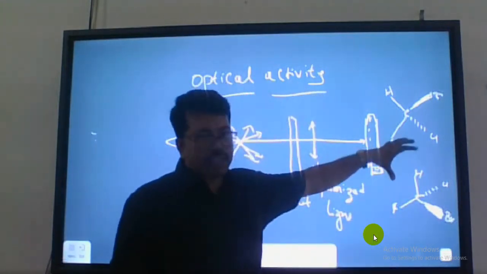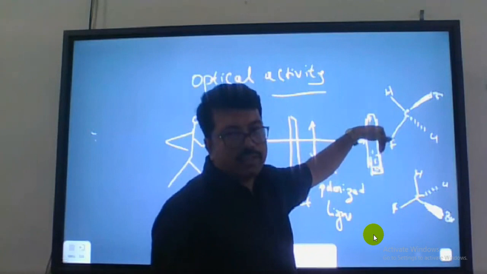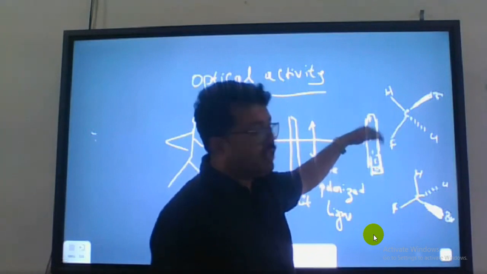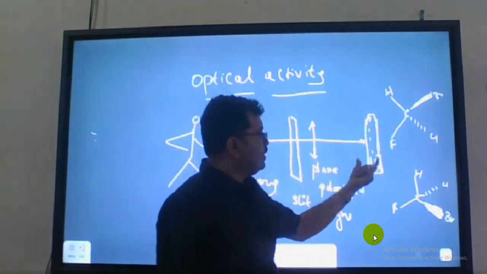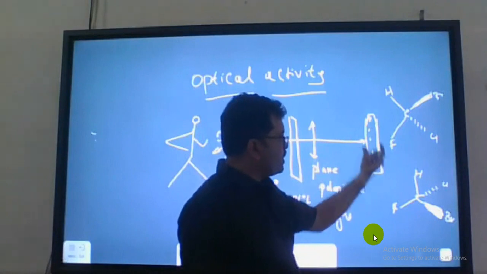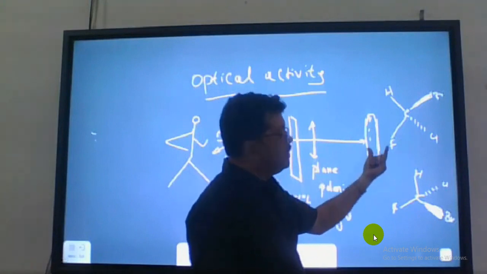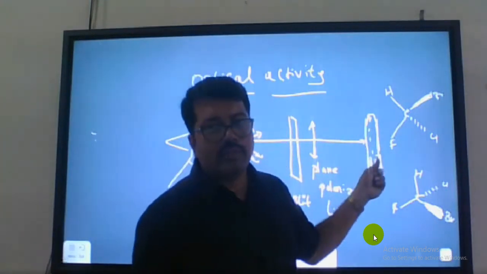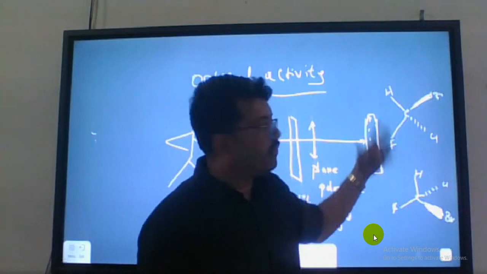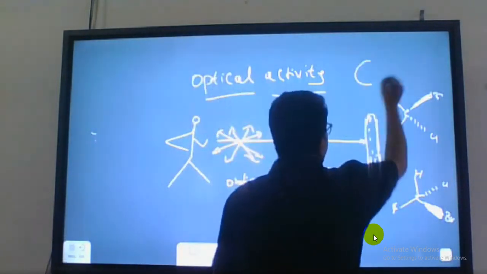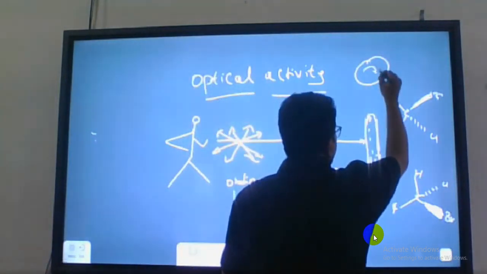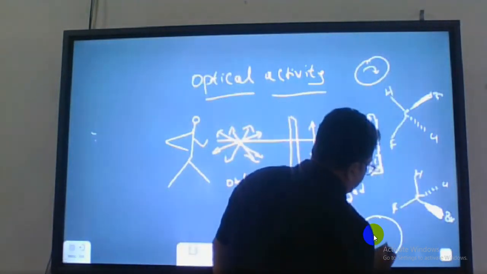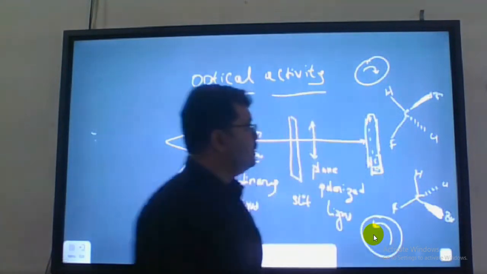If you put this molecule in a solution in a tube and pass the plane polarized light, one rotates it in the clockwise direction and another rotates it in the anti-clockwise direction.